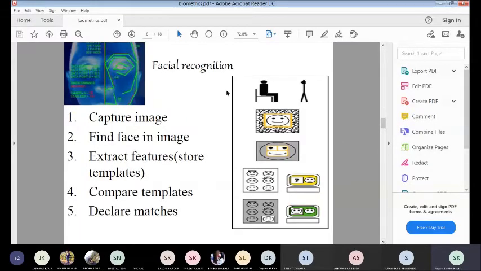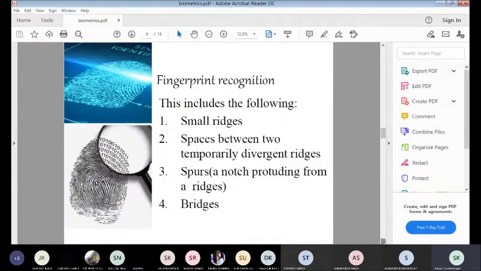Now face recognition: capture image, find face in image, extract features, store templates, compare templates, declare matches. It declares matches by matching with previously saved images, right? The next slide is fingerprint recognition. In the case of fingerprints, this includes the small ridges.